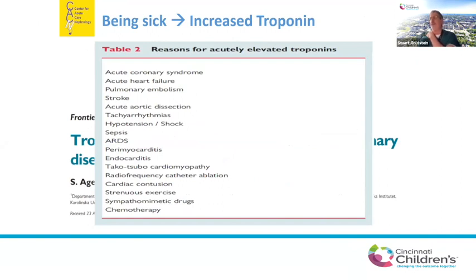So if you have a patient, say, who presents to the University of Cincinnati adult ER on a cold Cincinnati day, who's 35 years old and very fit and is shoveling snow and has chest pain, that patient doesn't have the right set of symptoms to warrant getting a troponin.